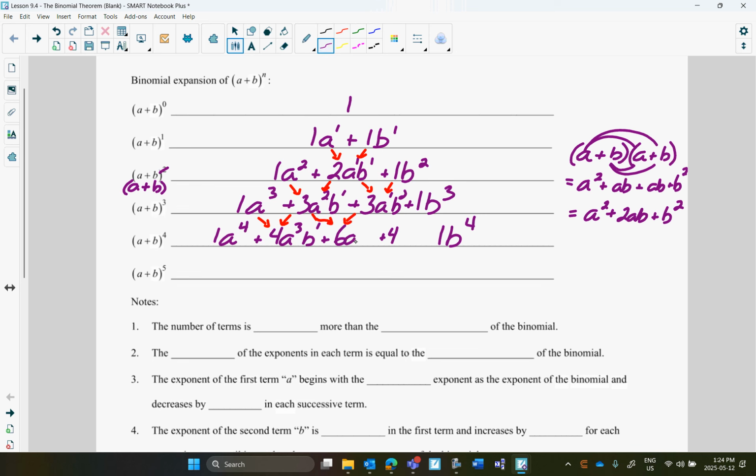So that's 6 a squared b squared, and then 4a to the 1, b to the 3. Good. So we can follow this pattern one more time. This is going to have 6 terms.